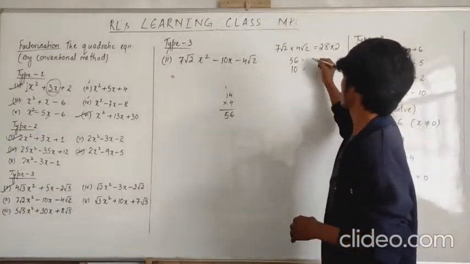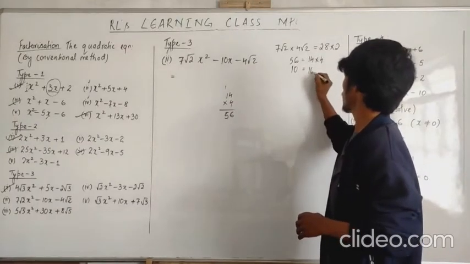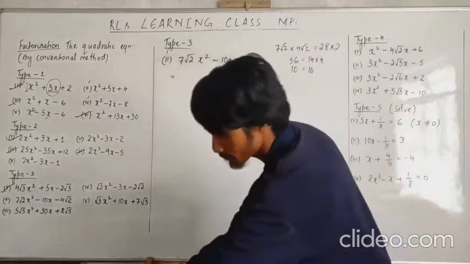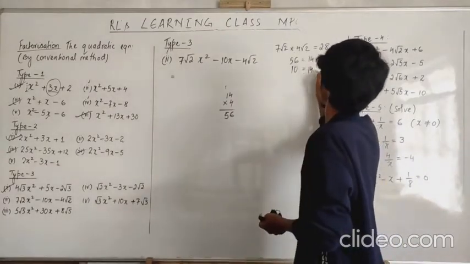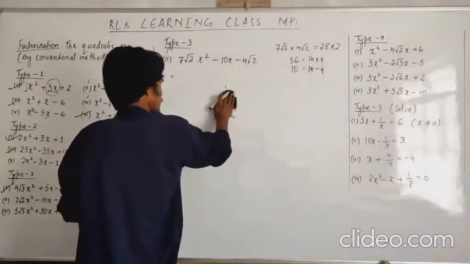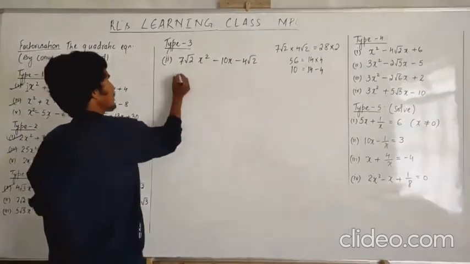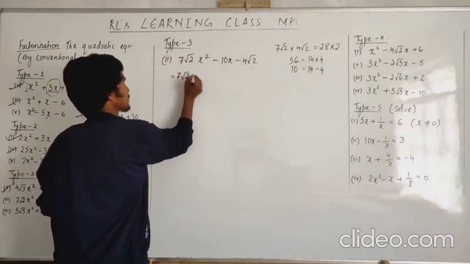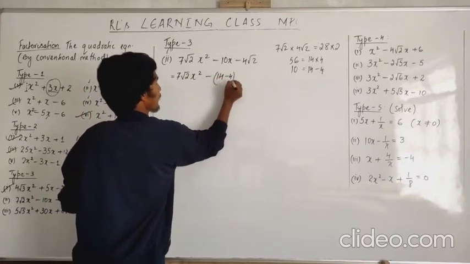Okay, now for the 56, I will put here 14 into 4. This time I put here 14 minus 4. Then now we got the numbers.